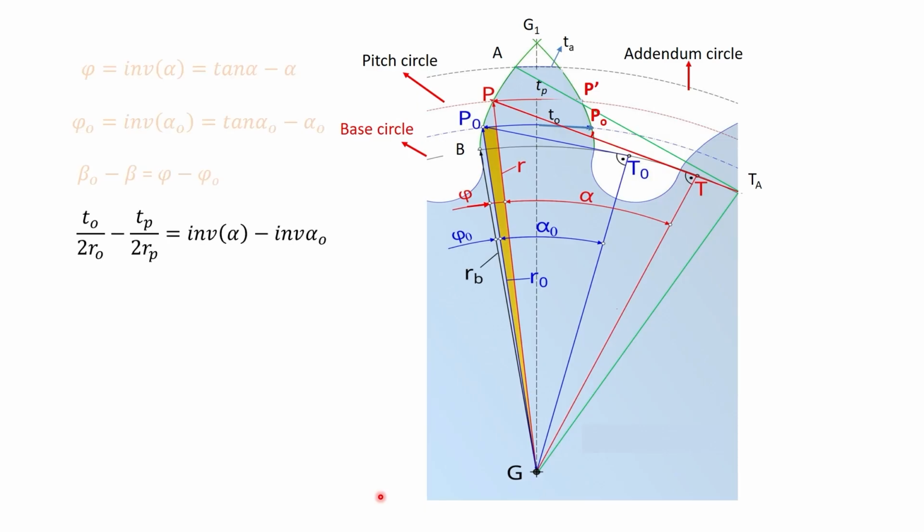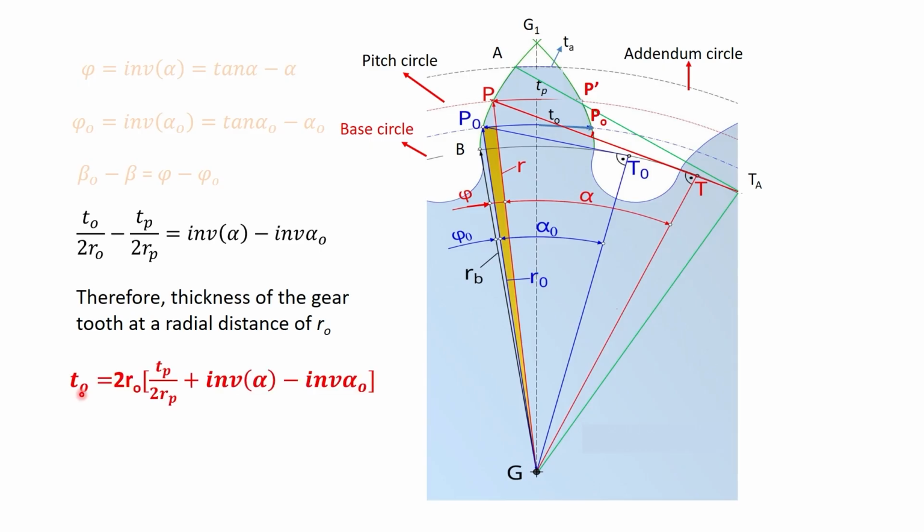Now, knowing this equation, the thickness of the gear tooth at any radial distance of r0, this G P0 is a radial distance r0, can be determined. That T0 is this P0 dash distance, the gear tooth thickness at a radial distance of r0, which is equal to 2 r0, within the bracket Tp divided by 2 Rp plus involute alpha minus involute alpha 0.